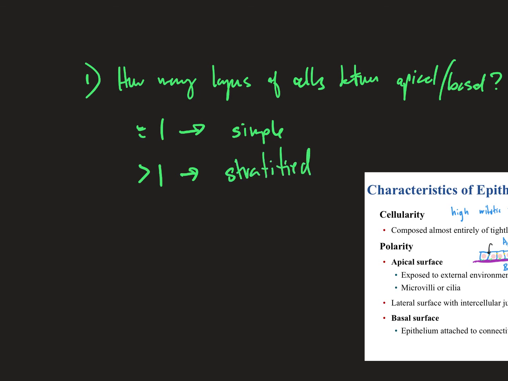Okay, so these would be considered rules for identifying epithelium. First rule, layers. Simple or stratified, we either have 1 or more than 1.